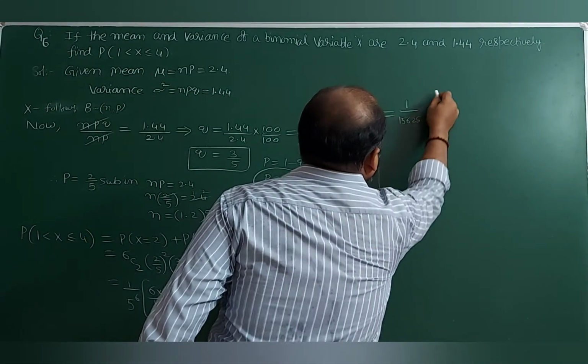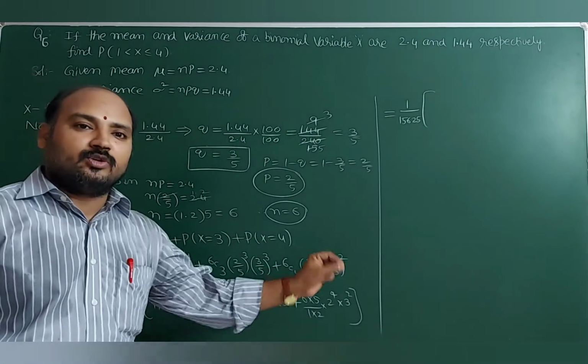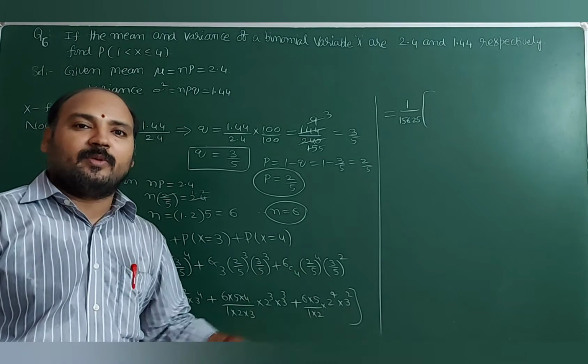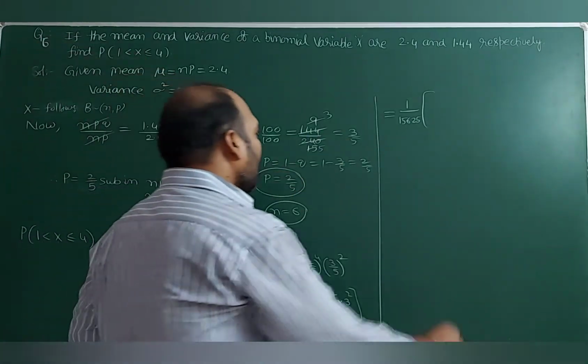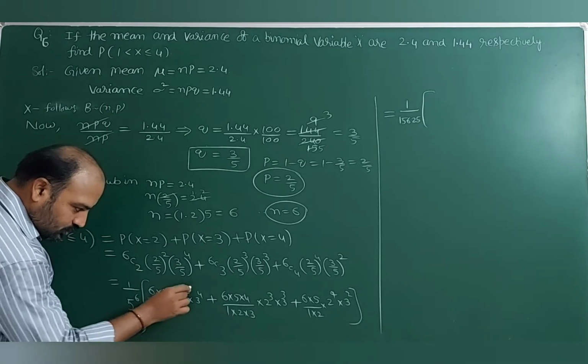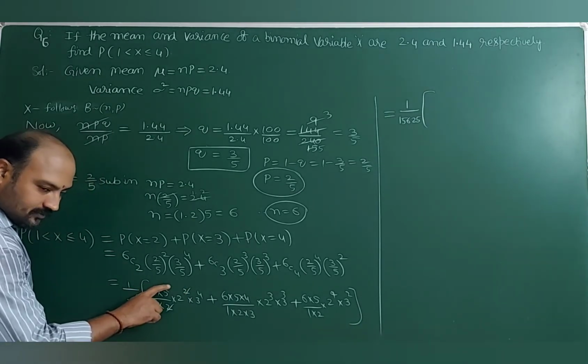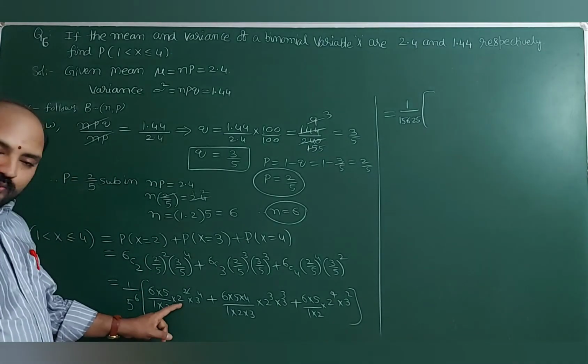I am remembering this answer and writing it here, because it is a waste of time to calculate 5 power 3 into 5 power 3 again. You remember? So the remaining values here: 2 gets cancelled. 6 into 5 is 30, 30 into 2.